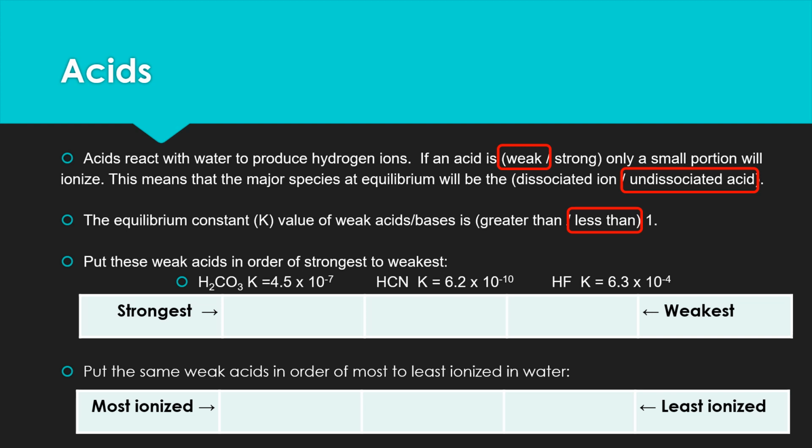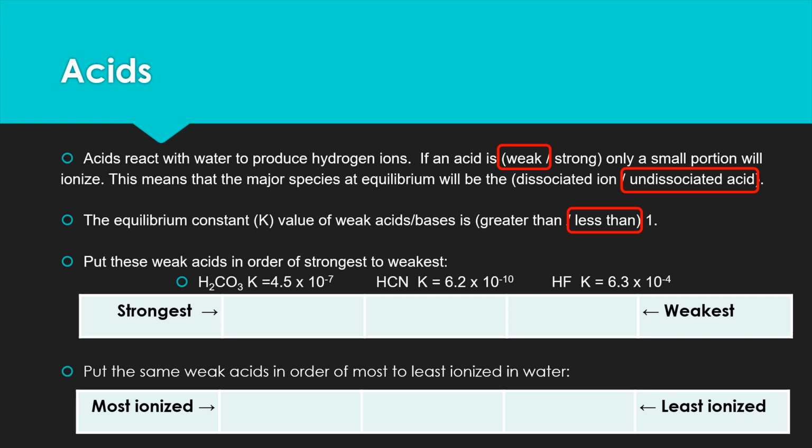So if we just looked at some values for the equilibrium constant for various acids, we can put them in order from the strongest to the weakest acid based on these values. Now, when we look at the values, we want to focus on the exponent part first. Then if the exponents are the same, we'll look at the part in the front of your scientific notation.